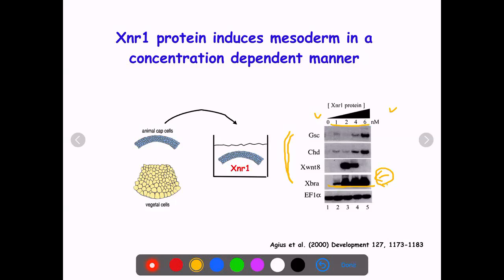And then Goosecoid, Chordin, these are the dorsal markers, okay? So they are expressed. I think this is not very sensitive, but at a high dose, you are able to induce this, right? And then X-Wnt8 is also a mesoderm marker. Only this is like a ventral mesoderm marker or something.